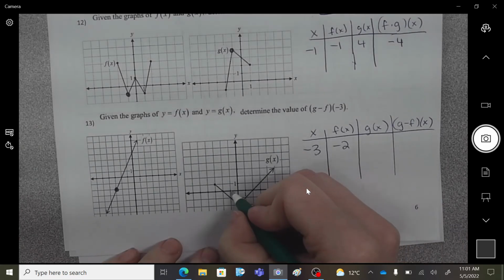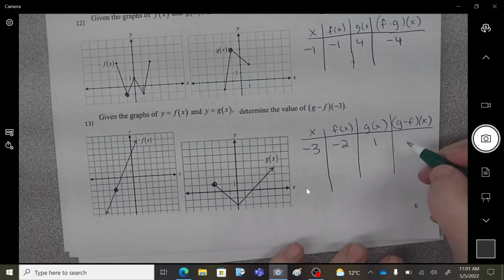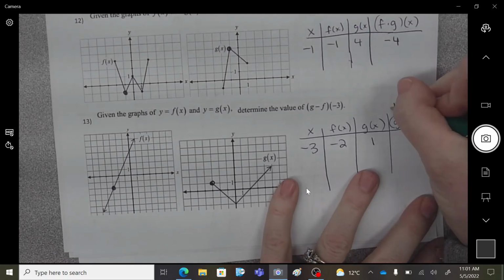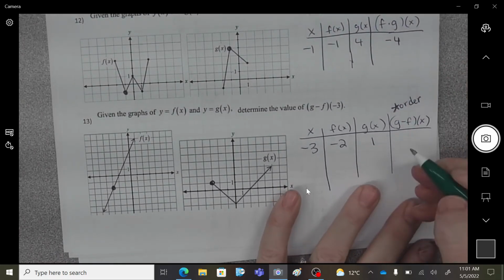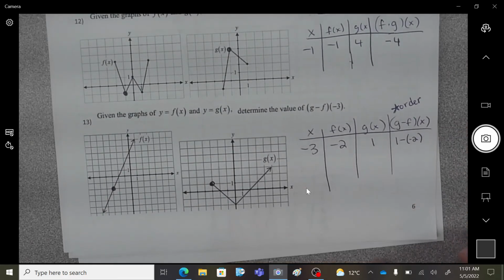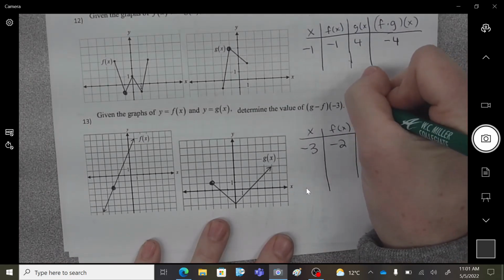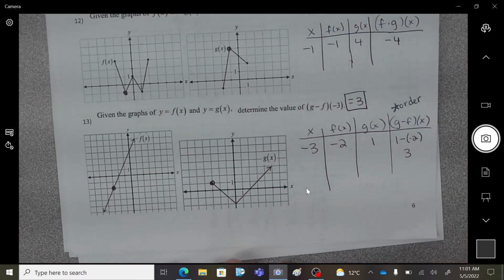At -3, the g function is at a height of 1. So order matters. So I have to do the g minus the f. So that gives me a value of 3. So my answer is 3.